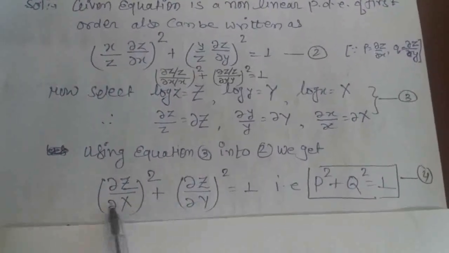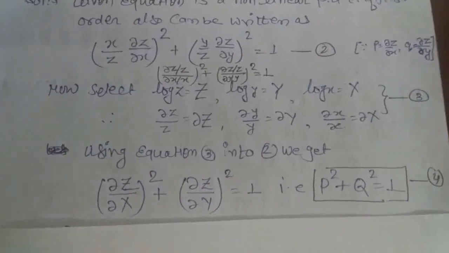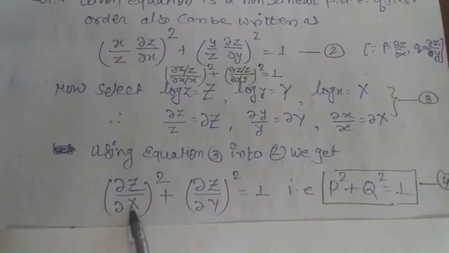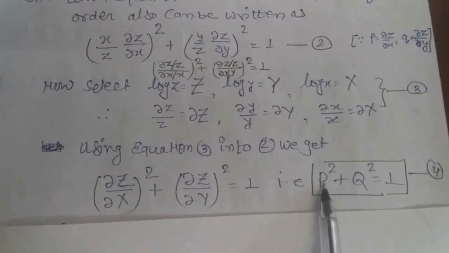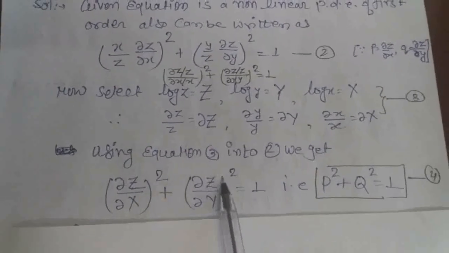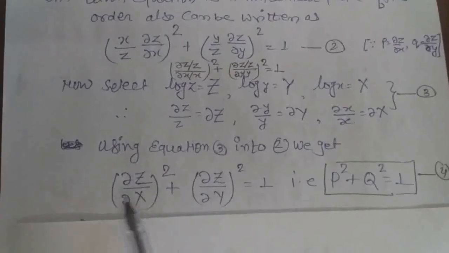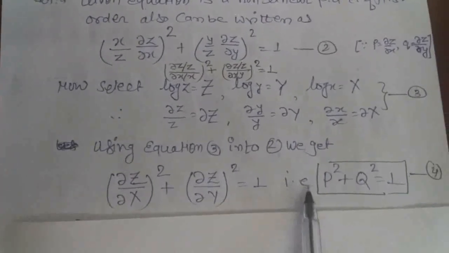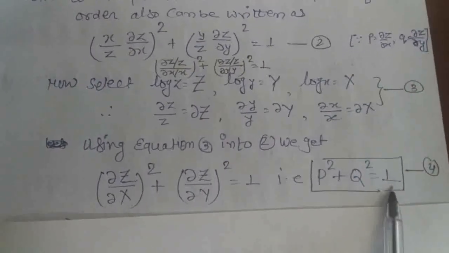Here this equation contains only two partial derivatives. Say we denote the partial derivative of capital Z with respect to capital X by P and the partial derivative del capital Z by del capital Y by Q, then this equation takes the form P square plus Q square equal to 1.